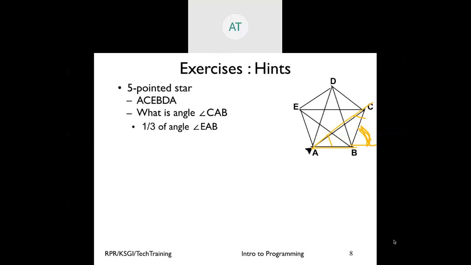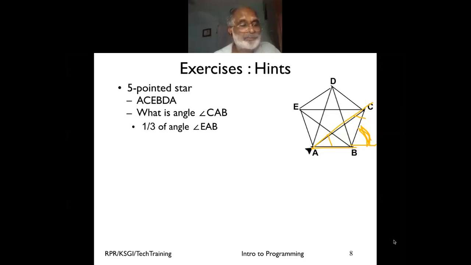The other way you can look at it is, in a regular pentagon, I have only 2 diagonals, dividing the angle into 3 parts. The polygon angle for a pentagon is 108.